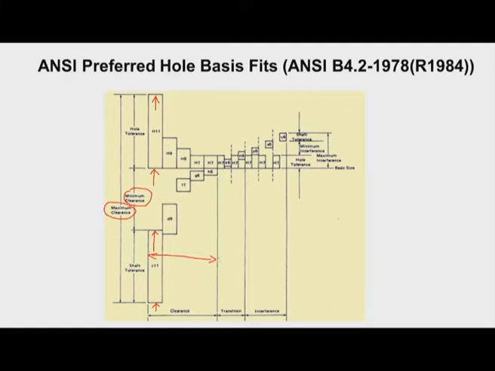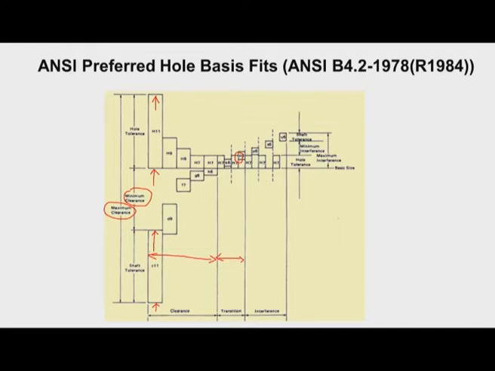Similarly, H7 N6 will give us a transition fit. You can see here there is some overlap, the tolerance zones of hole and shaft are overlapping, so we get the transition fits.